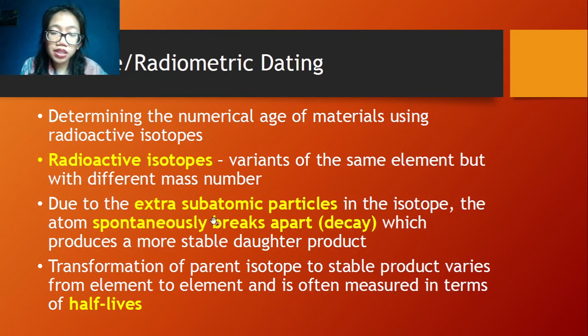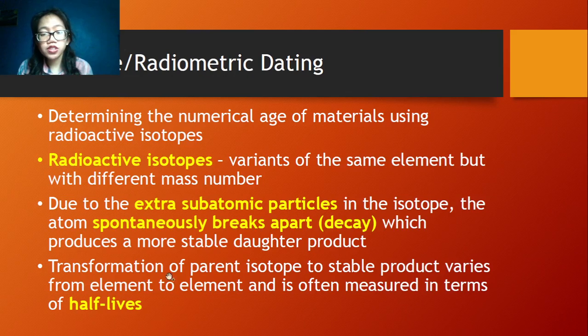So due to the extra subatomic particle in the isotope, the atom spontaneously breaks apart, which produces a more stable daughter product. So every radioactive isotope will decay and turn into a stable daughter product.